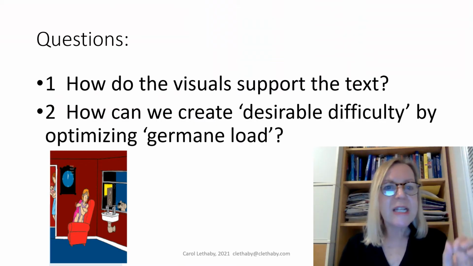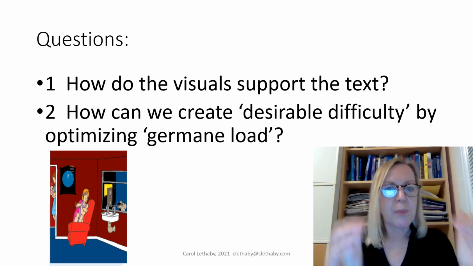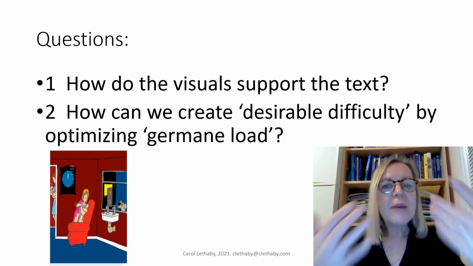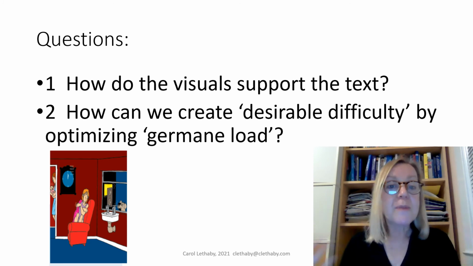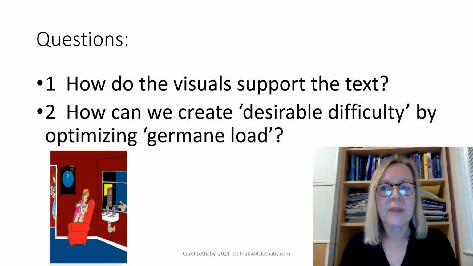So we're looking at how the visuals support the text, and how we can create the desirable difficulty we've talked about by optimizing the germane load. I have a couple of ideas on this.